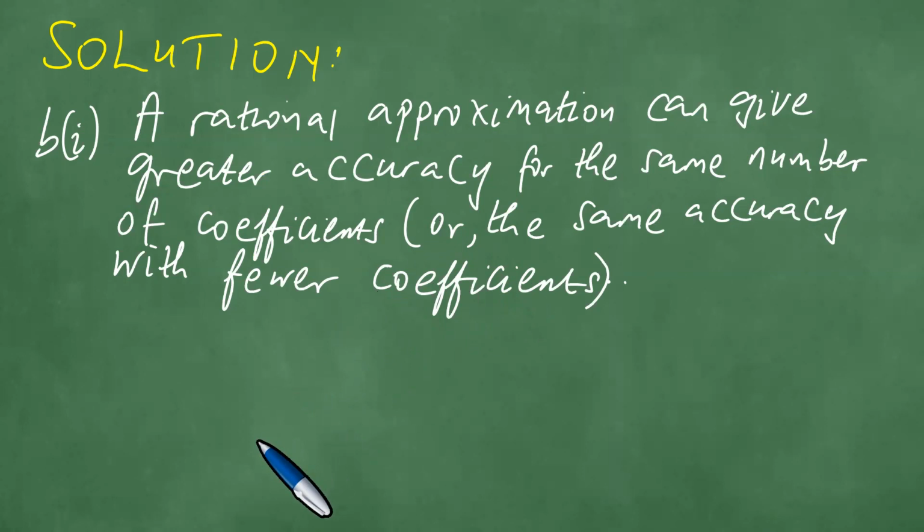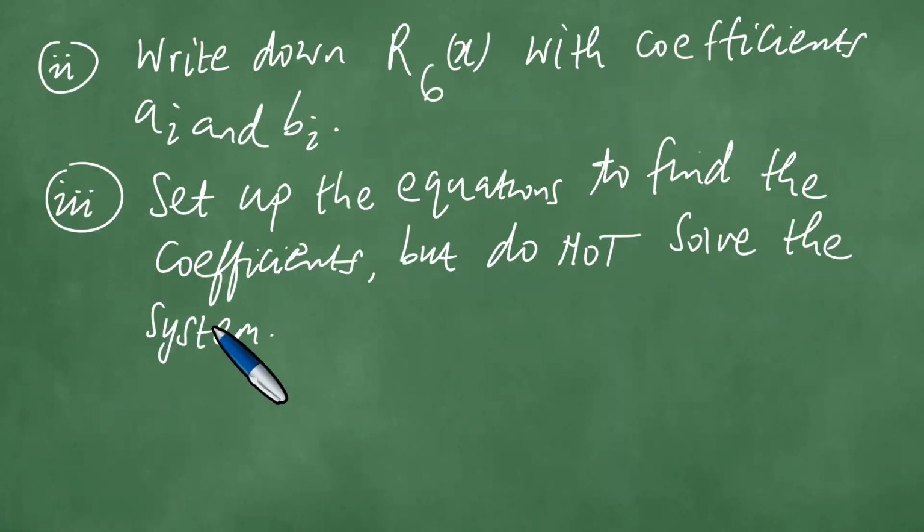You can see that if the denominator is of degree 3, then the numerator becomes of degree 3, so you can have the same number of coefficients or potentially even fewer coefficients.